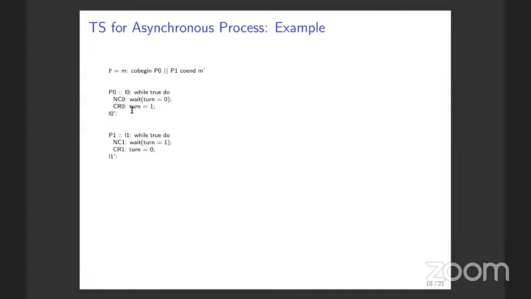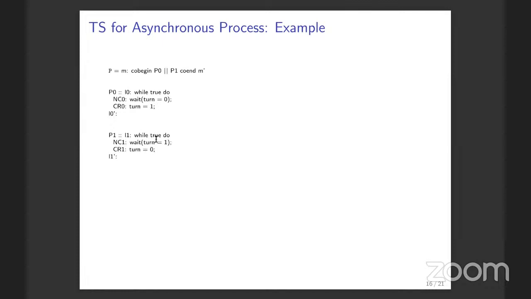Once process 0 enters the critical section, because turn can be either 0 or 1, only one can be at the critical section. Once I enter the critical section, I make turn 1, so that I allow the other process to enter its critical location.